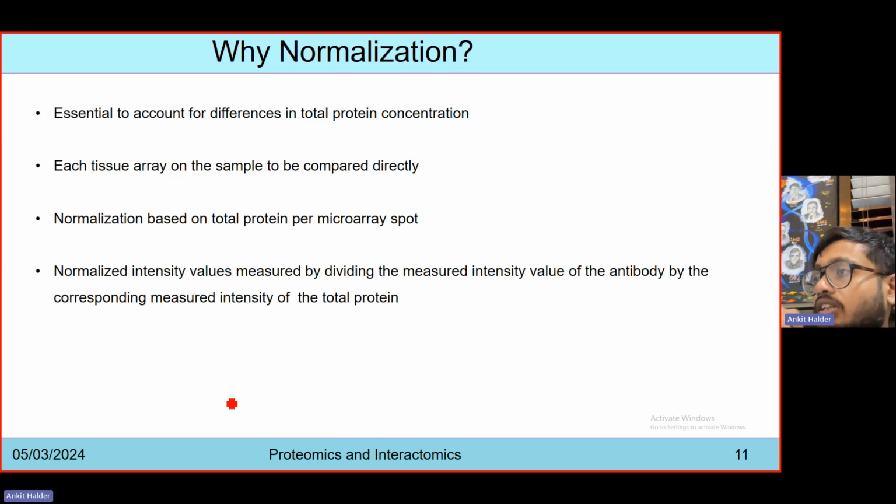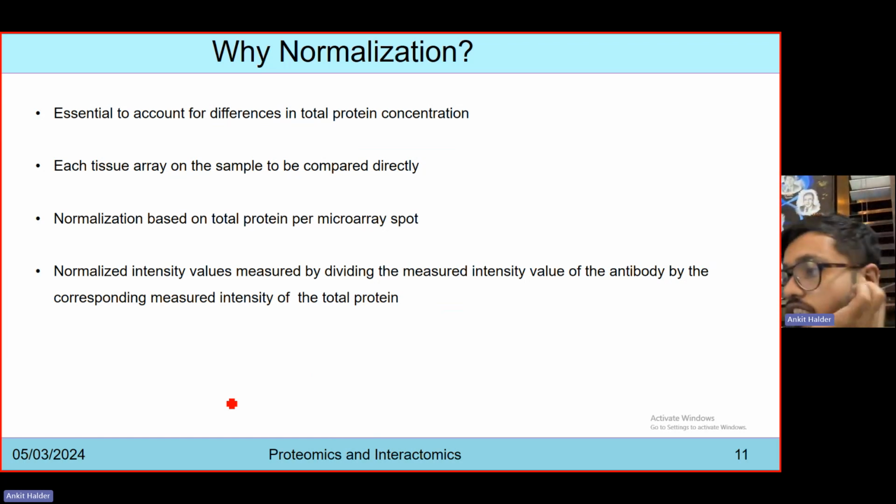So why is normalization required? It is very essential because right from the beginning there is huge variability.